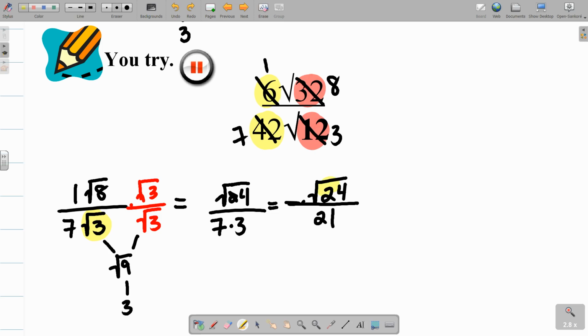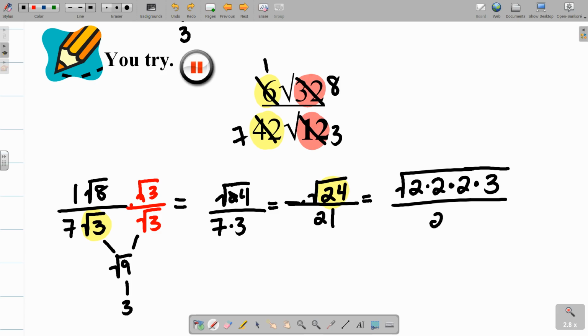But you need to recognize that root 24 can be simplified. I'm going to prime factor it. 2 times 2 is 4, times 2 again is 8, times 3 is 24. That's prime factored 24 over 21.